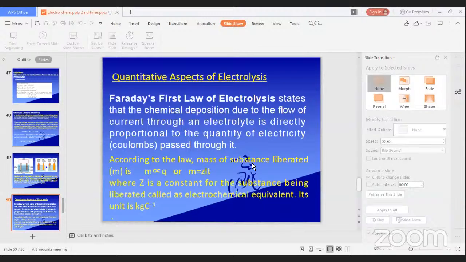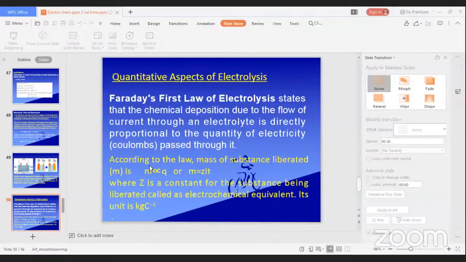This is a direct relation between the mass of the substance and the quantity of electricity passed. That's why it is called Faraday's first law.